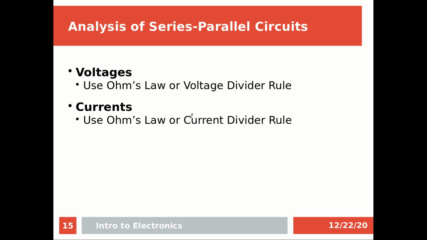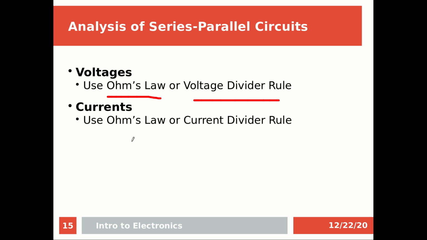Okay, so for the voltage, to simplify what I speak about, you take the Ohm law if you have the current and you have the resistance, or if they are in series, then you take the voltage divider rule.